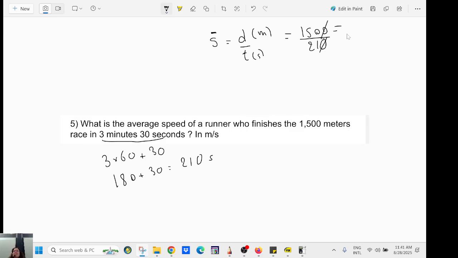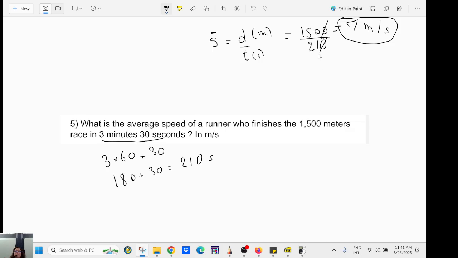Which is about a good 7 meter per second. Because I use multiple choices, so it depends on the professor, but I use multiple choices, so you will see if it's a 7 or 3, they're going to be apart. You can put 7, yes.